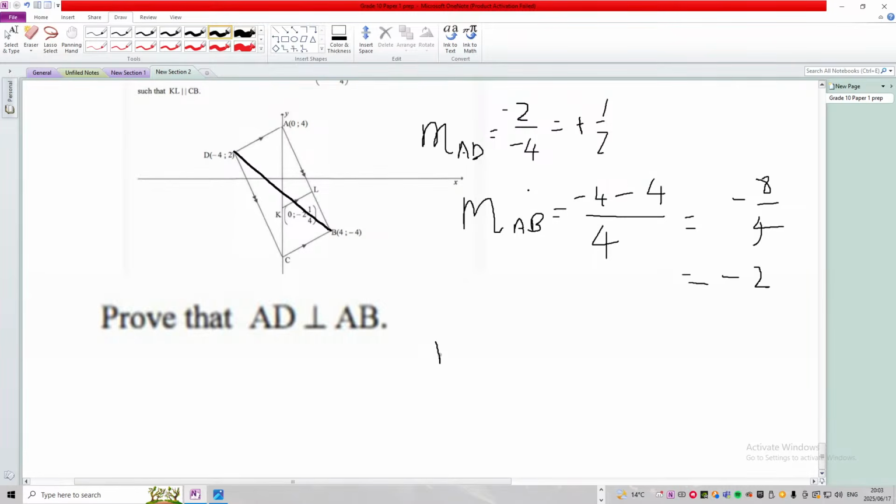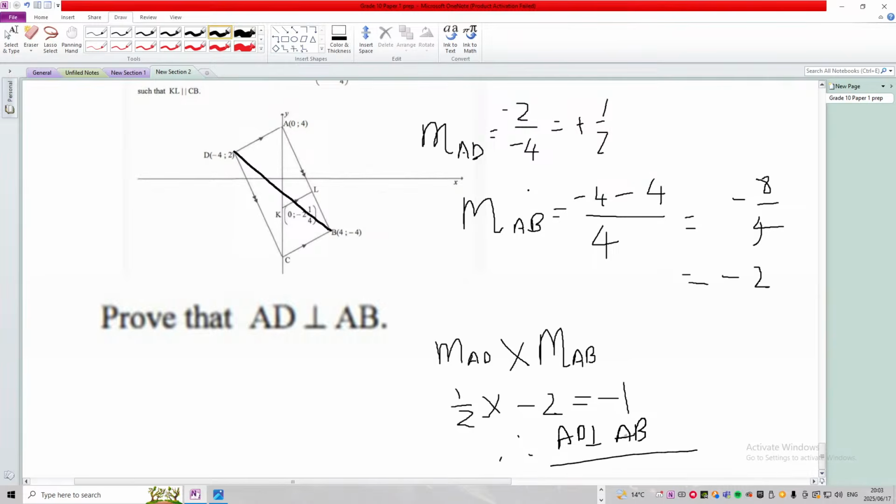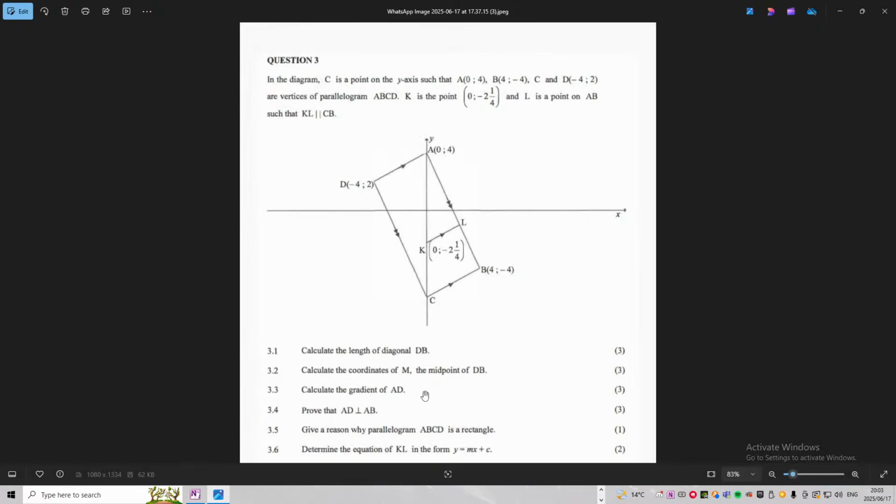And then when I multiply the two gradients, the gradient of AD multiplied by the gradient of AB, I have half multiplied by minus 2 equals minus 1. Therefore, AD is perpendicular to AB, because when you multiply the gradients, they equal minus 1.